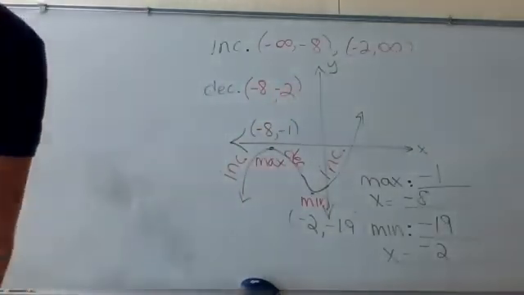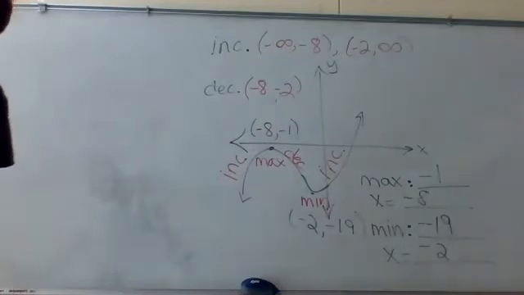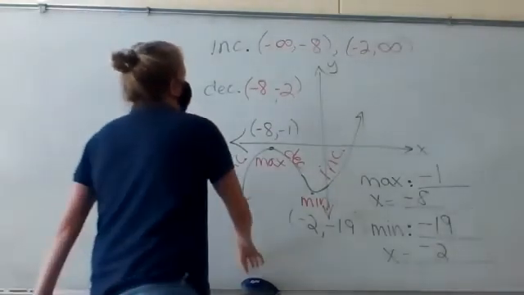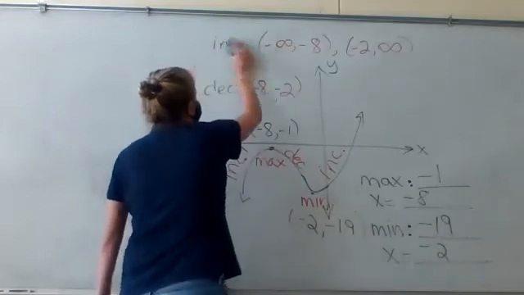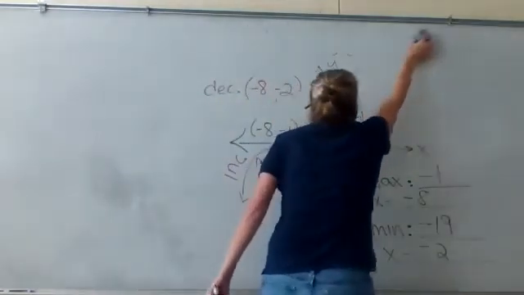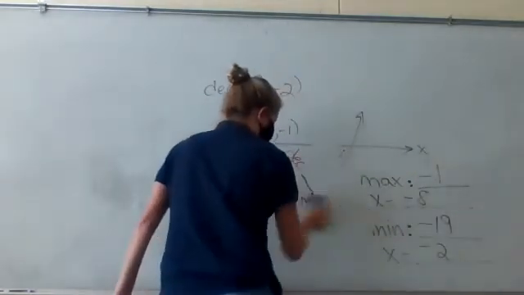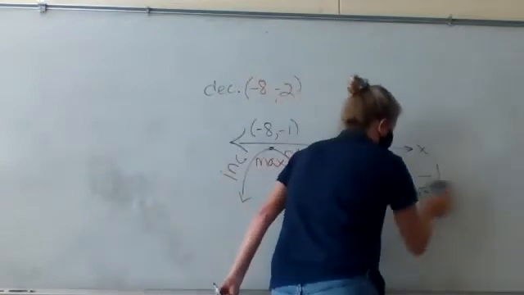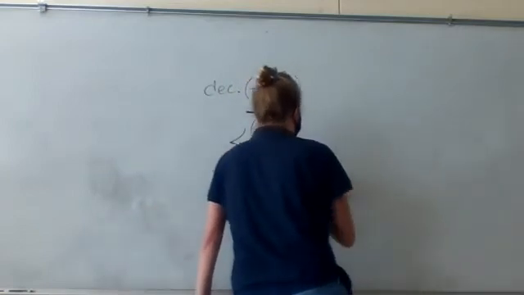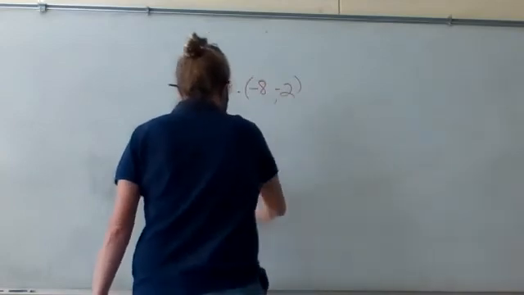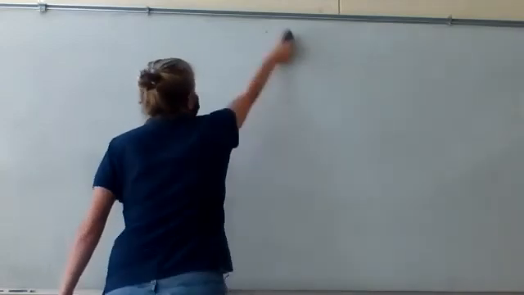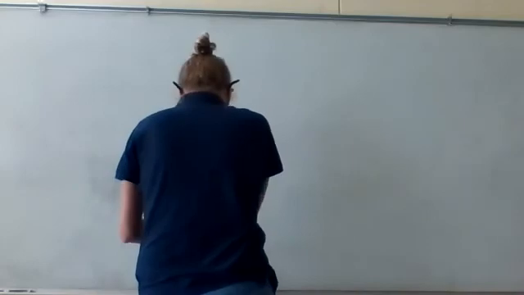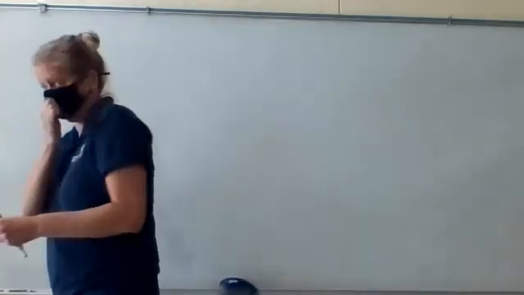All right, we already did 23, so now we just have 24 and 25 left. And they both deal with the difference quotient. So I'm going to write the difference quotient up here.